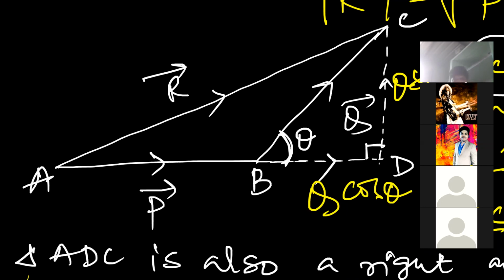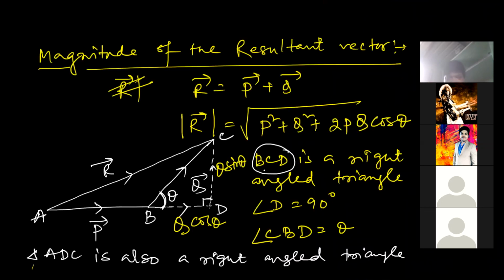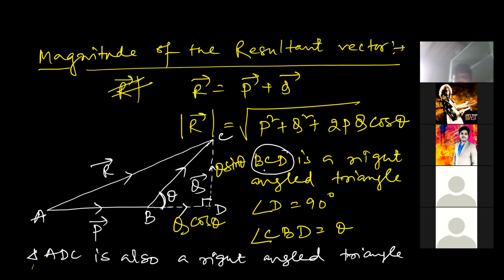Because if you are saying that BCD is a right angle triangle where one angle is 90 degrees, I can say that ACD or ADC is also a right angle triangle because it also has the right angle at D, as you can see in the figure, right? So as I have got a right angle triangle, I will apply the Pythagoras theorem.